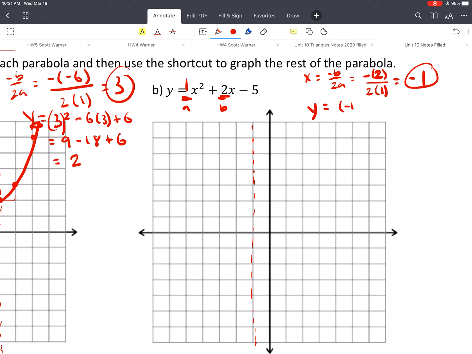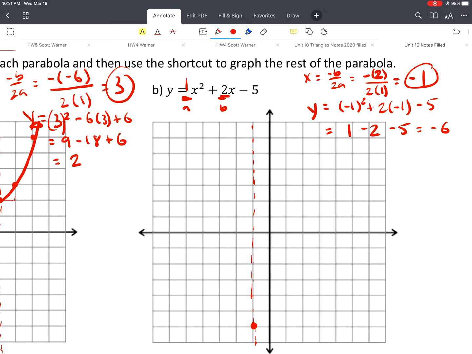So we'll do negative 1 squared plus 2 times negative 1 minus 5. So that gives us 1 minus 2 minus 5, which gives us negative 6. So that would be like 1, 2, 3, 4, 5, 6 right here.